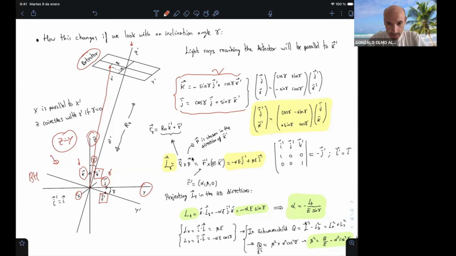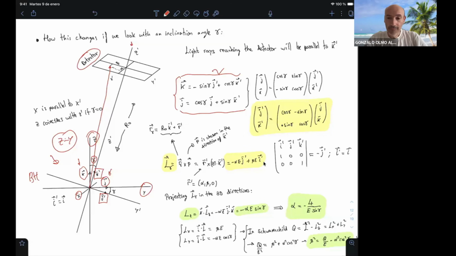And this is why I'm representing the P of the photon as E times K prime. And then we do this vector product, and it is very simple. Just remember, the vector I crossed with K gives minus J prime, and that's it. So the angular momentum takes this form.